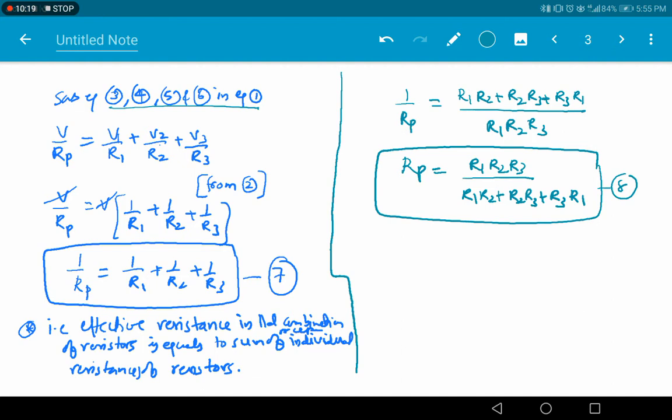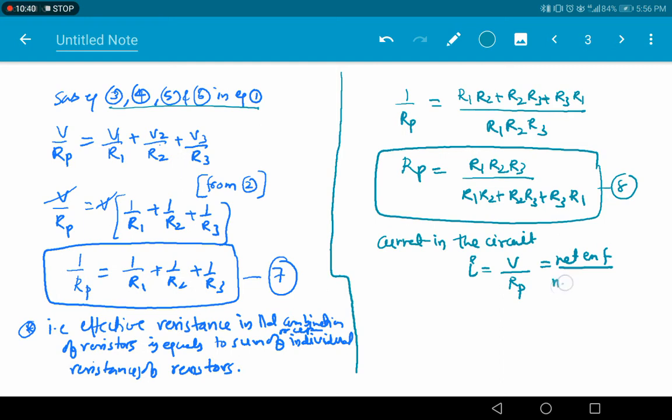Now let us find the expression for net current in the circuit. So I is equal to net EMF by net resistance.